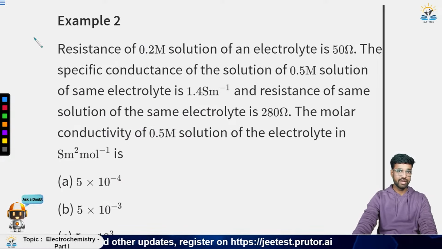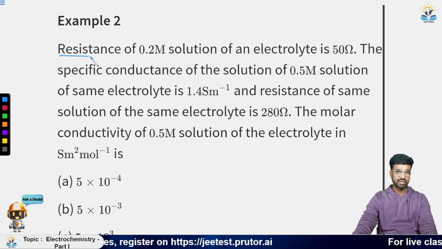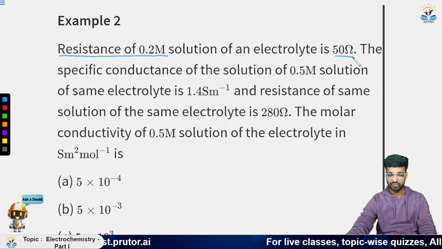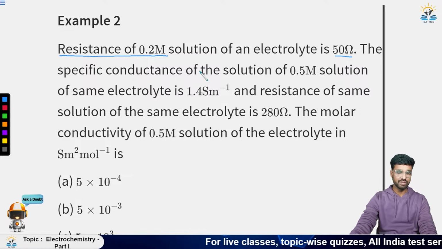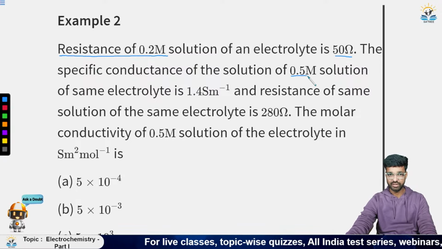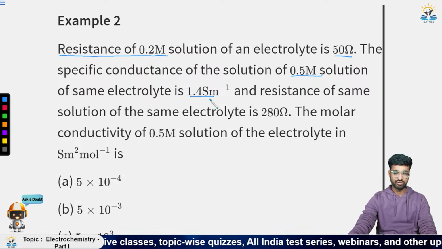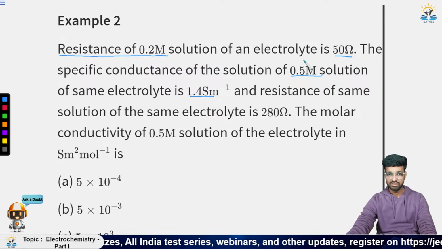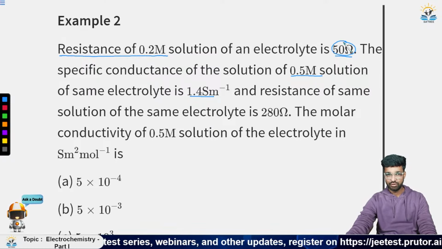Now the next question: the resistance of a 0.2 molar solution of an electrolyte is 50 ohm, and the specific conductance of the solution is given. So we are again given two solutions. The first solution is 0.2 molar with a resistance of 50 ohm.